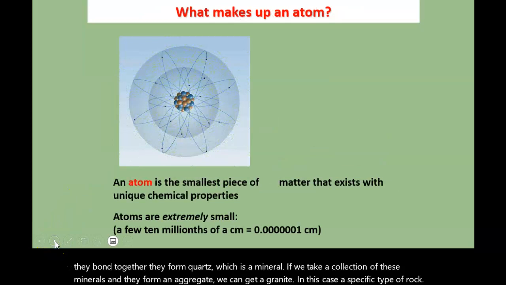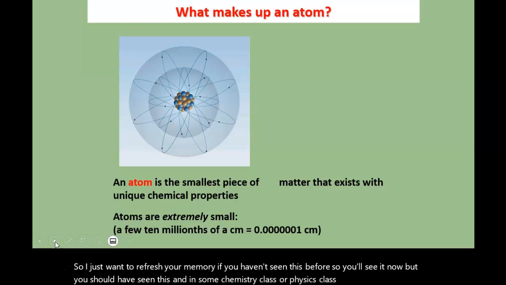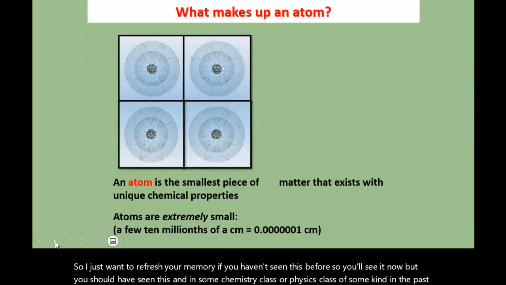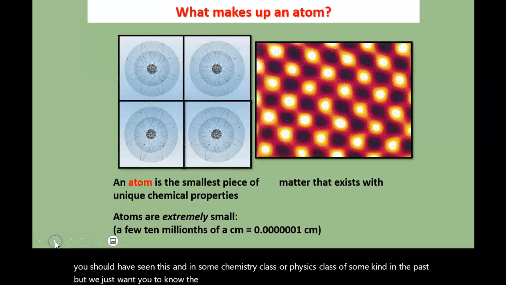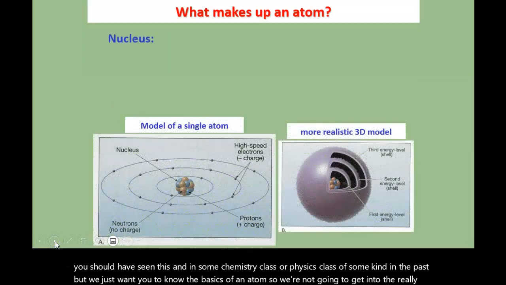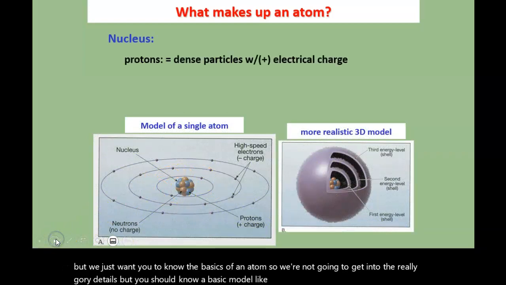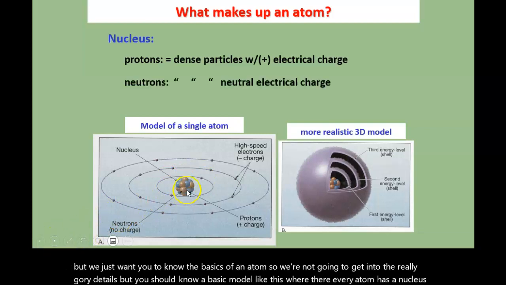So I just want to refresh your memory if you haven't seen this before. You should have seen this in some chemistry class or physics class of some kind in the past. But we just want you to know the basics of an atom. So we're not going to get into the really gory details, but you should know a basic model like this, where every atom has a nucleus that contains protons and neutrons.